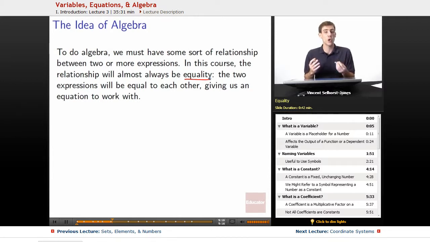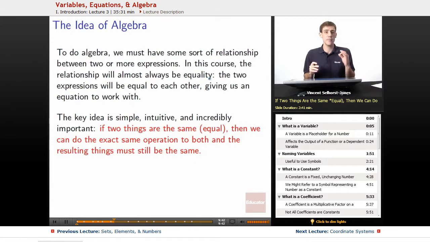We could have an inequality, where one side is less than another side, or one side is greater than another side, or we could have a relationship that is different than either of those. But for this course, we're almost entirely going to see equality, and that's going to make up pretty much all of the relationships we see. So the two expressions will be equal to each other, and this gives us a starting point to work from.